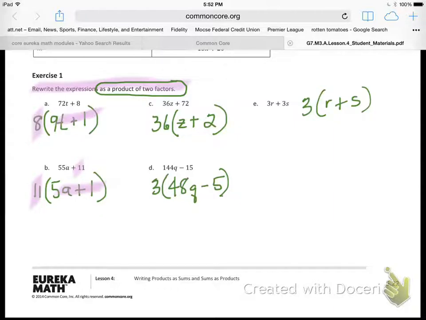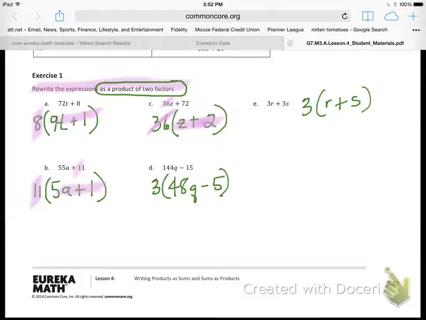C, a little bit different. The greatest common factor this time was the coefficient, which we hadn't seen yet. And that was 36, and then times z plus 2. D was a little tricky, I'd say, because you might have looked at that and thought, golly gee, they don't have a common factor.